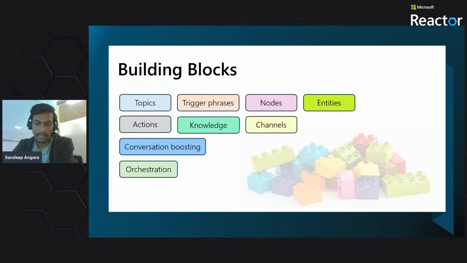Knowledge: today, as I'm saying, there are AI capabilities that are blended into Copilot Studio. So knowledge is the result of that. Today we have OpenAI generative AI capabilities in the copilots. So our agent can actually get into the different knowledge sources that we add. Knowledge sources can be of different types, be it an external website, be it your own document that you prepared using Word, or a PDF document.